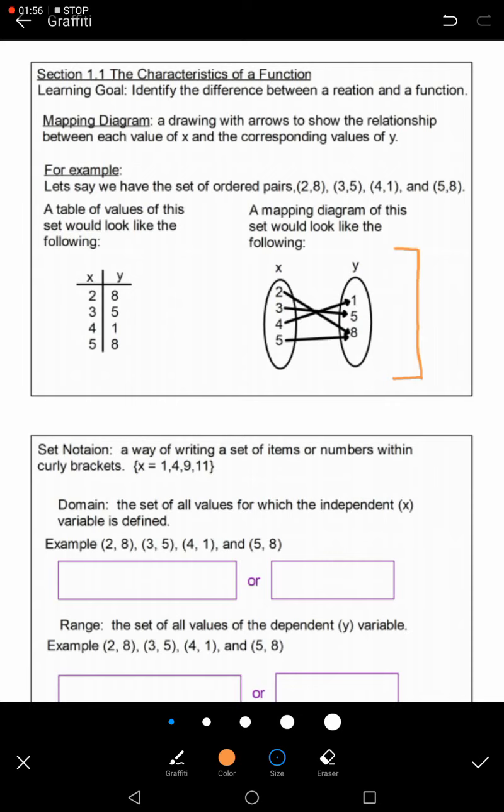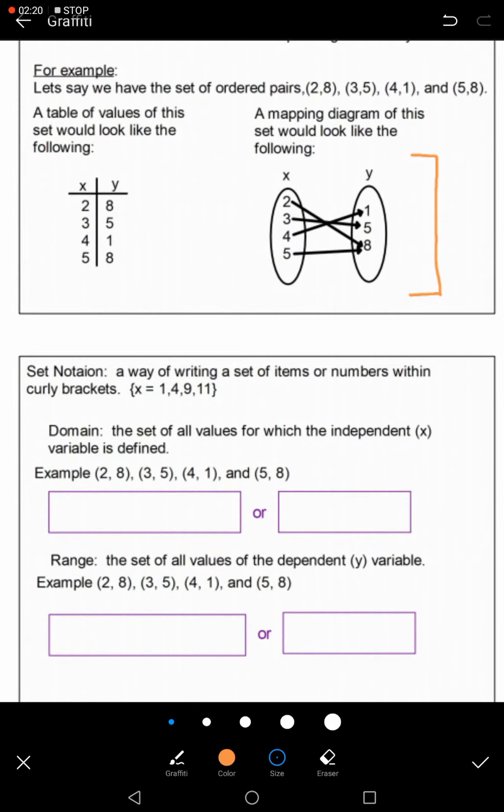So we can see we have (2, 8), (3, 5), (4, 1), and (5, 8). So we have two values going to 8, and we can see that simply because there's two arrows going there. So we'll look in a little bit why this is actually important, but first of all, you need to know what that diagram is and what it represents.